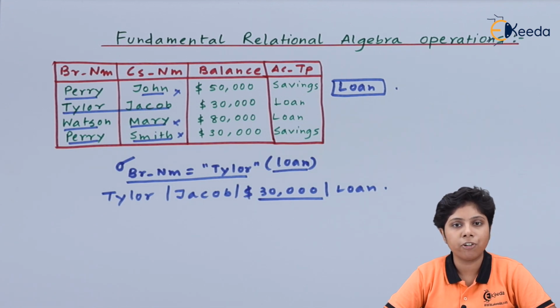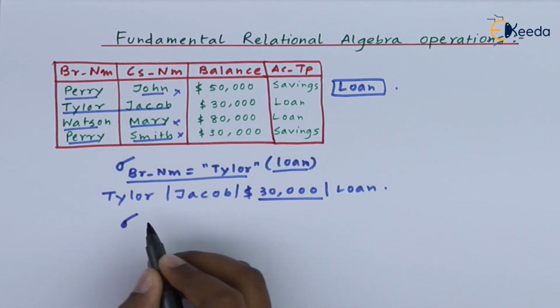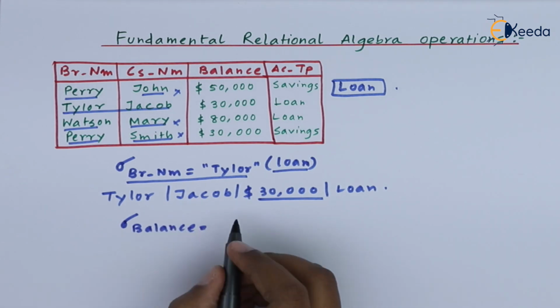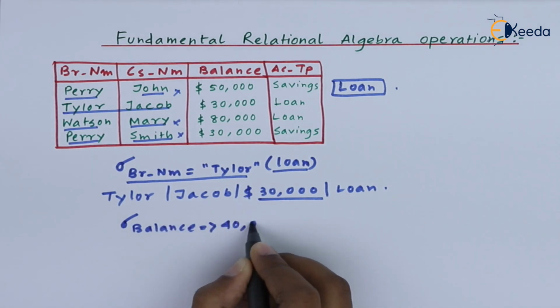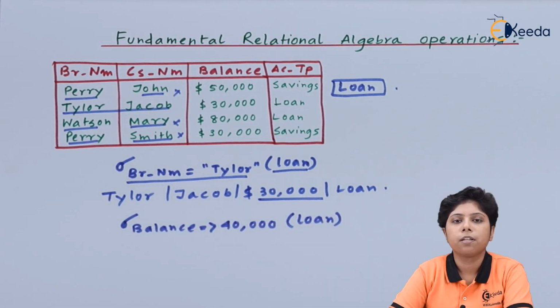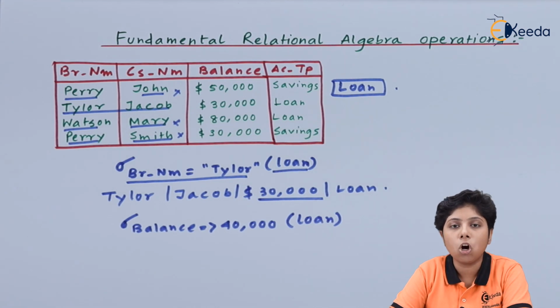So now how can we write that? By writing this, we can fetch all the details of the persons, their branch name, the name of the person, the balance and the account type, who have a balance of more than 40,000. So now we will have some result based on this operation.